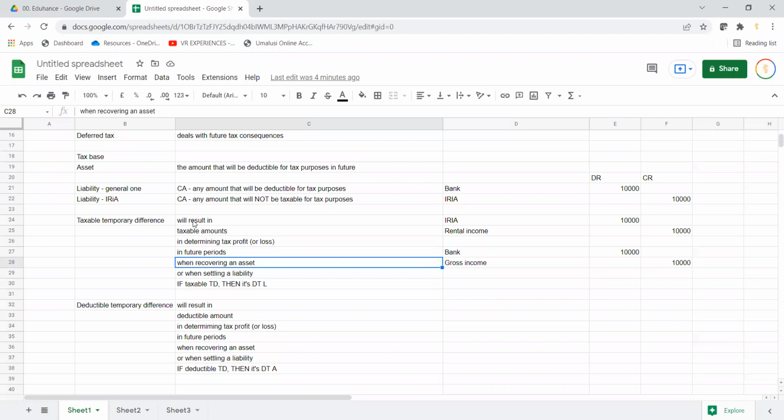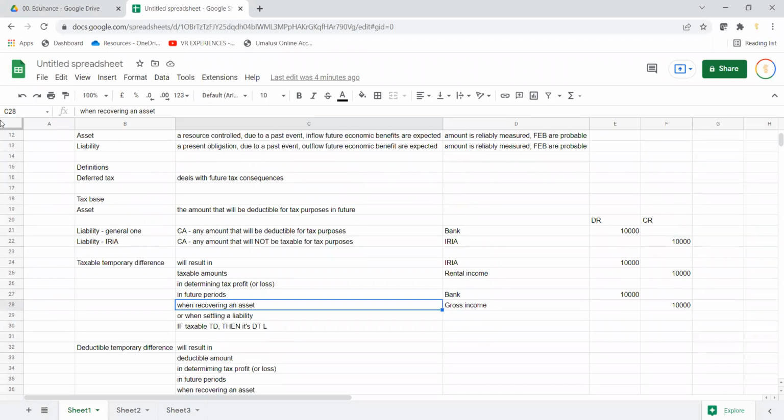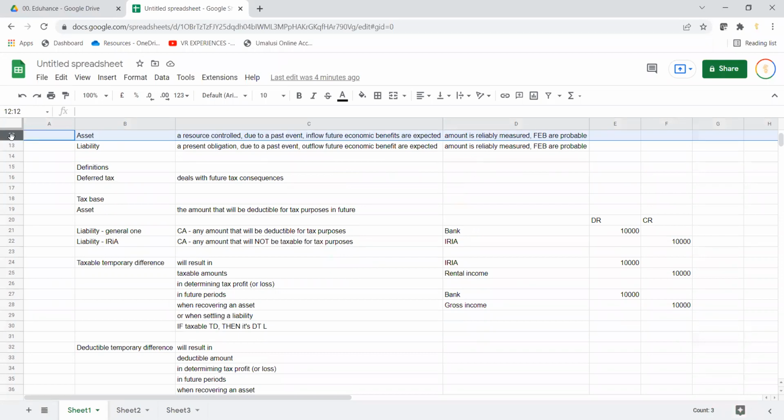So once again, recovering an asset talks to this definition over here, settling a liability talks to that definition over there. An asset is, in simple terms, a glorified expense. Why do we call it a glorified expense? When an item is outright an expense, we expense it immediately.